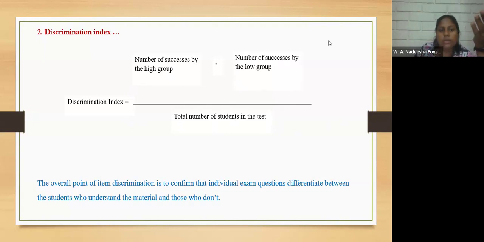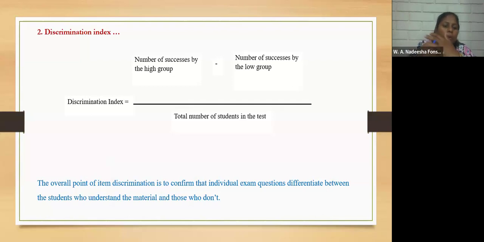Then we get the discrimination index, which shows how well the students performed on this particular question. Like that, we can calculate the discrimination index question by question.